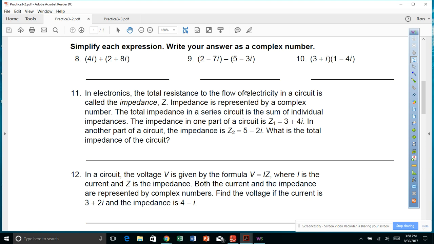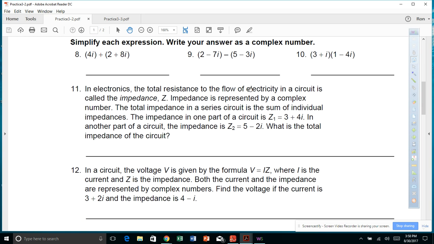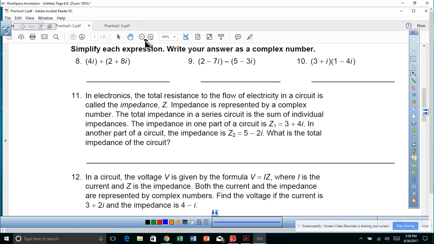Number 8. Simplify each expression. Write your answer as a complex number. So when we're adding, we got to combine like terms. So we've got 2 plus 12i. The 4i and the 8i are like terms. Let's try that in the calculator.